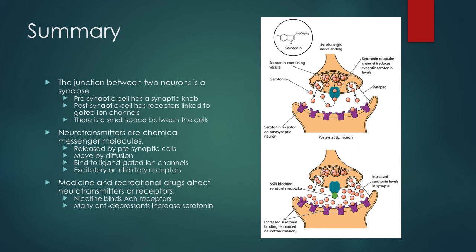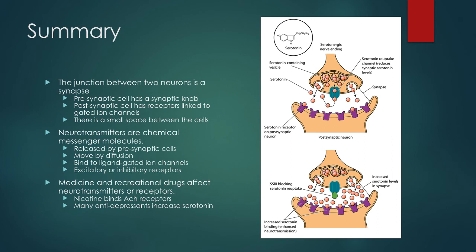So finally, let's summarize again. The junction between two neurons is a synapse. There's a presynaptic cell and a postsynaptic cell. The presynaptic cell has a synaptic knob that contains vesicles for neurotransmitters. The postsynaptic cell has receptors, usually linked to ion channels. Neurotransmitters are the chemical messenger molecules that are released. They move by diffusion.